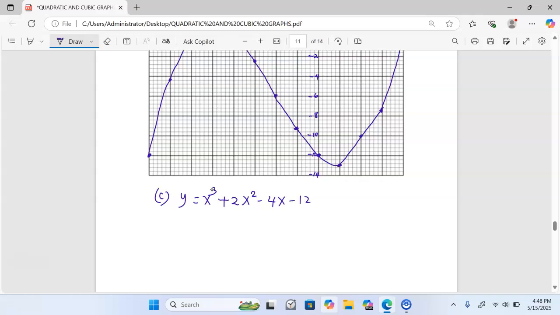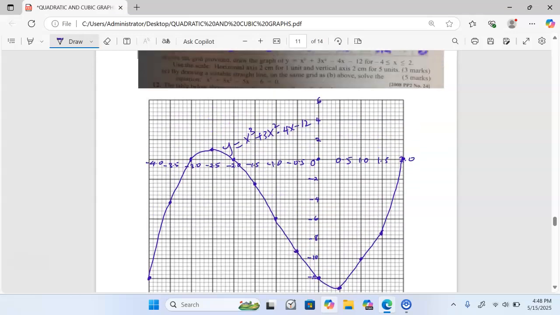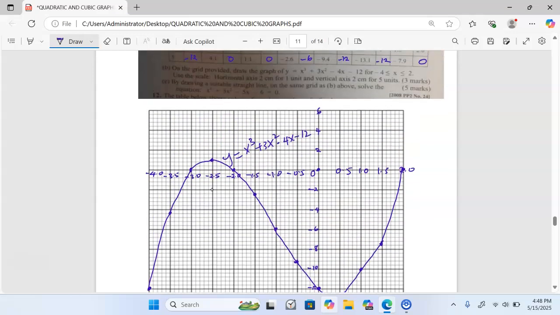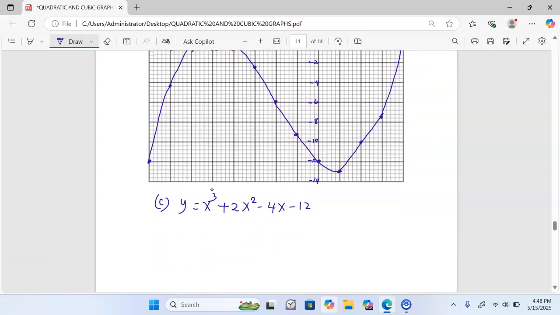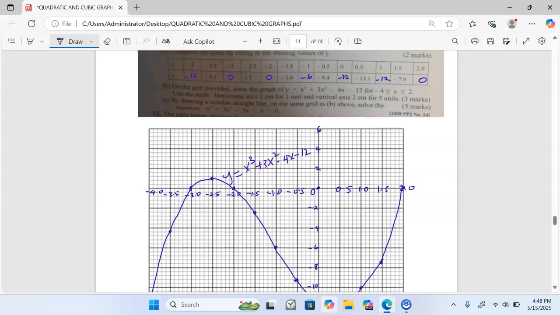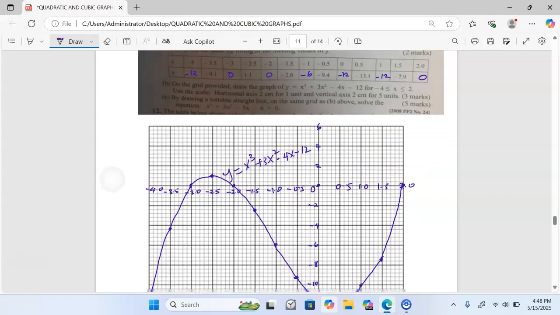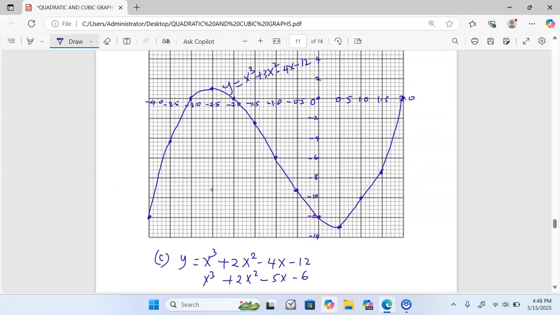Then we take the other given function that we are supposed to work on, which is x cubed plus 3x squared, x cubed plus 2x squared minus 5x minus 6 is equal to 0.